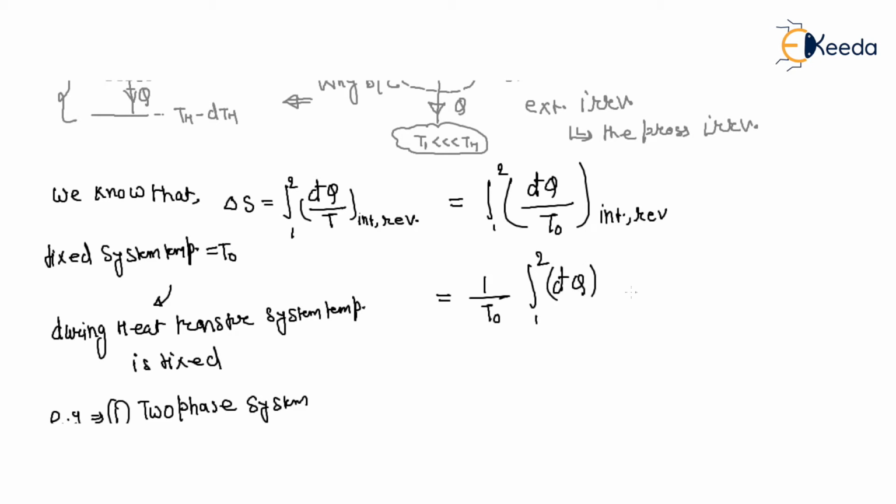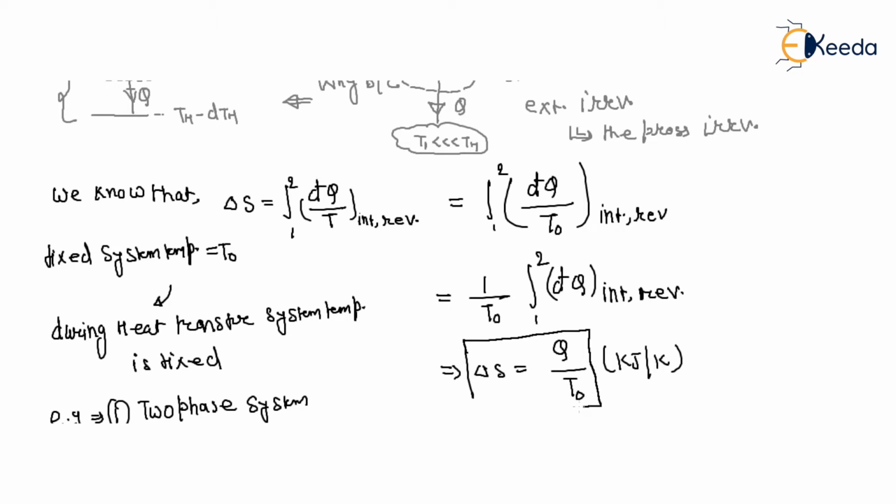This heat transfer is internally reversible; it need not be externally reversible. If you integrate, the total heat transfer Q divided by T naught gives delta S, in kilojoule per Kelvin. So this is the entropy change of an internally reversible isothermal process.